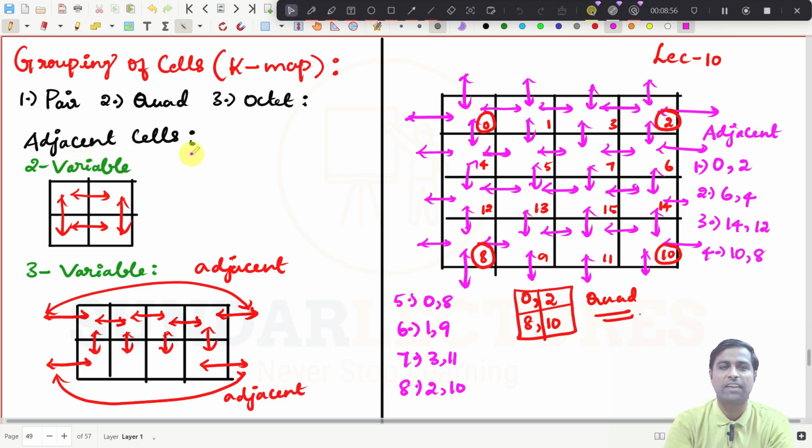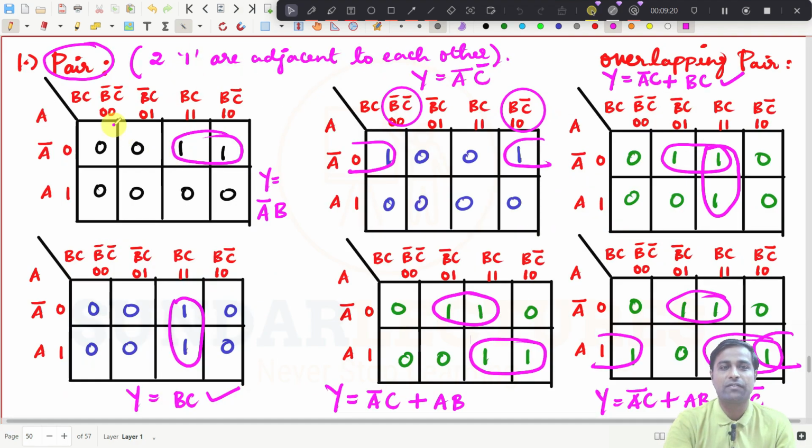So we have tried to understand what adjacent cells are, right? In a 3 variable K-map, these two are adjacent, these two are adjacent. And also for a 4 variable K-map, you can fold the map like this as well as like this. And I have also told you 2, 0, 2, 8, 10 are also adjacent to each other, right? So we have seen that, and then we have gone for pairs and overlapping pairs, right? So we will see quads and octets in the next class. Thank you.